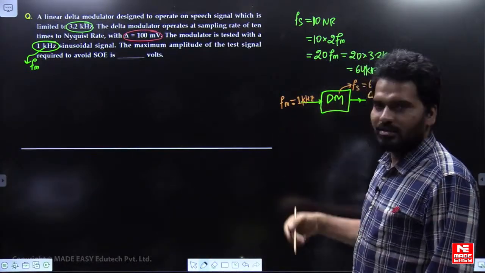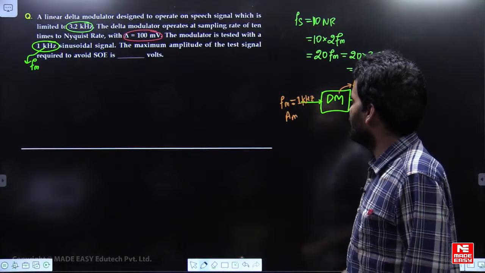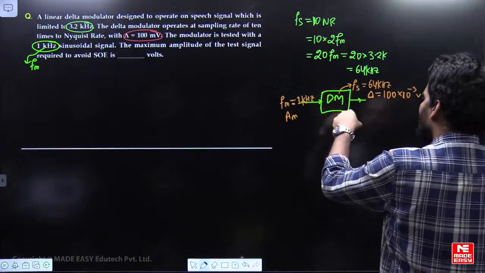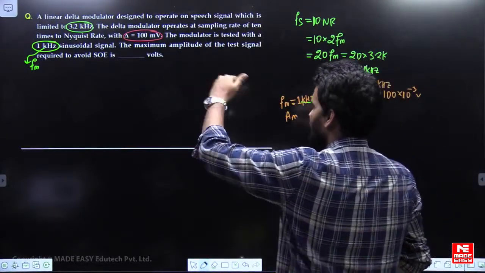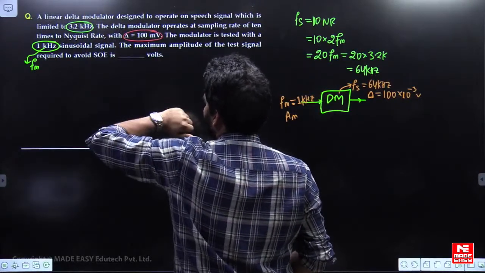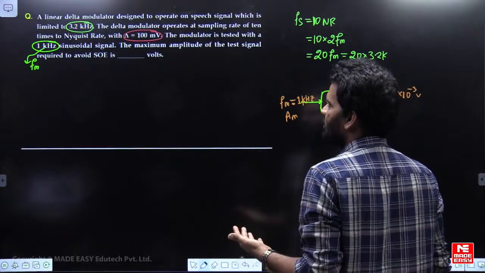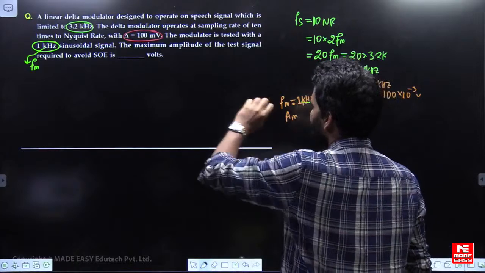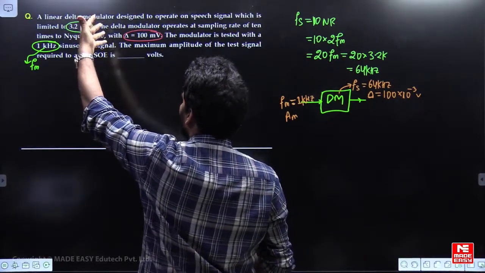The applied signal is a sinusoidal signal whose amplitude I'm denoting with Am, and the frequency is 1 kilohertz. This delta modulator is designed to operate on some other signal whose bandwidth is 3.2 kilohertz, so that we expect no SOE and no GE.